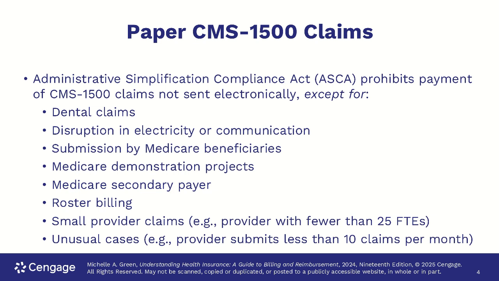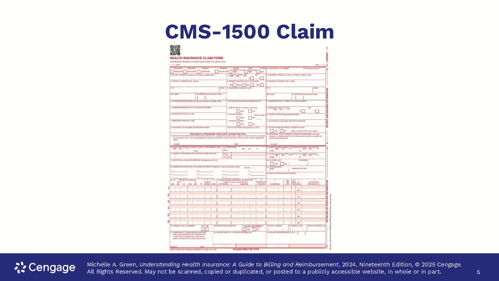So, the Administrative Simplification Compliance Act prohibits payment of CMS 1500 claims not sent electronically. You can't get paid if you don't submit it electronically unless you fall into this list here.